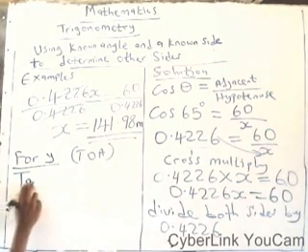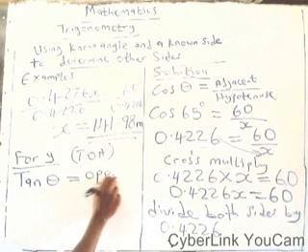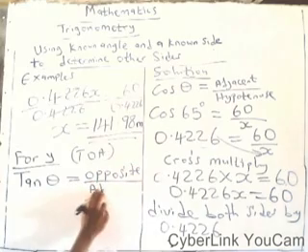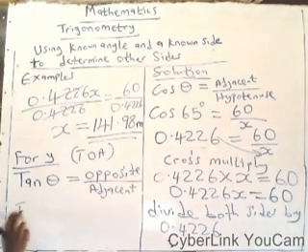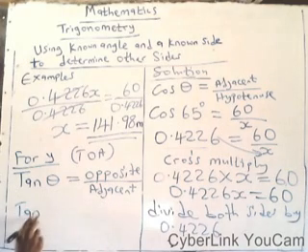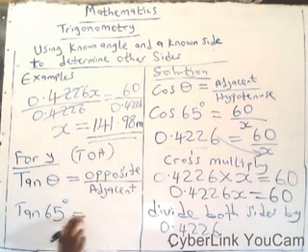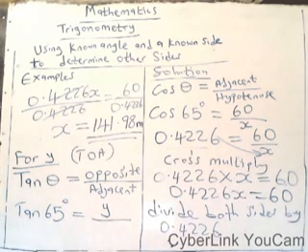Now we have tan theta is equal to opposite all over adjacent. We have the angle to be the same, that is tan 65 degrees is equal to opposite, which is y, while the adjacent remains 60.